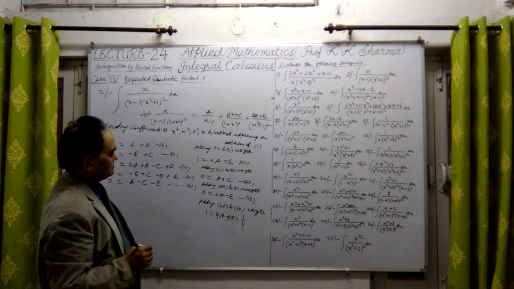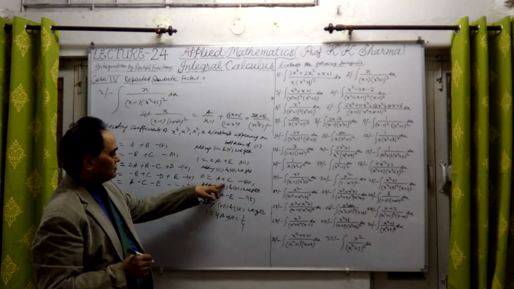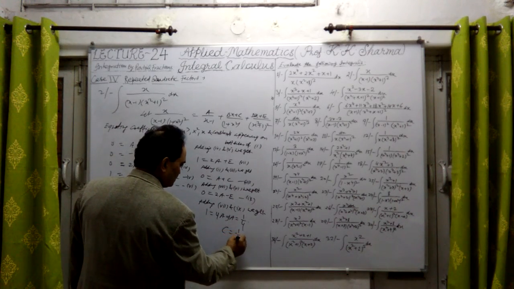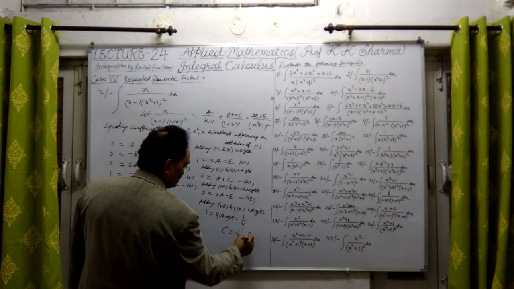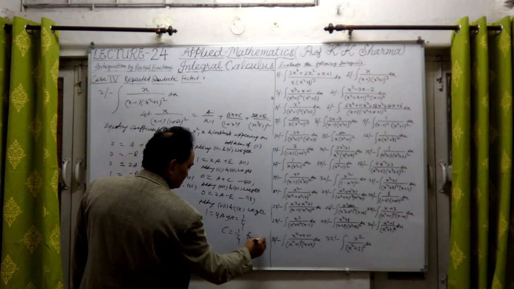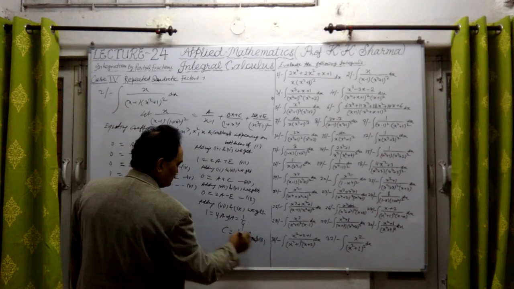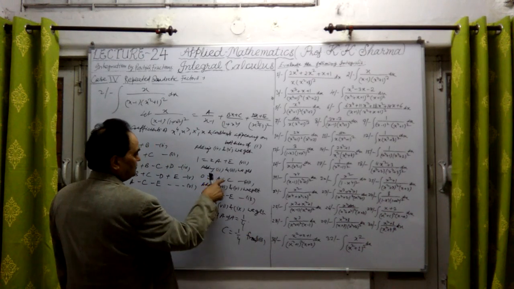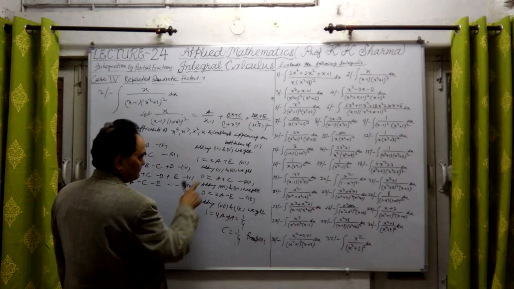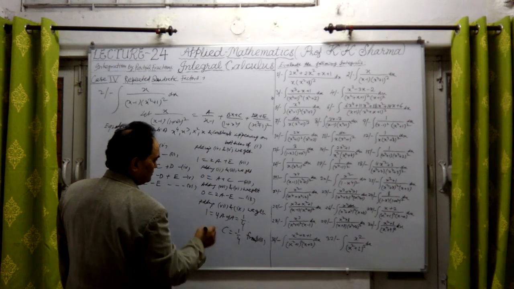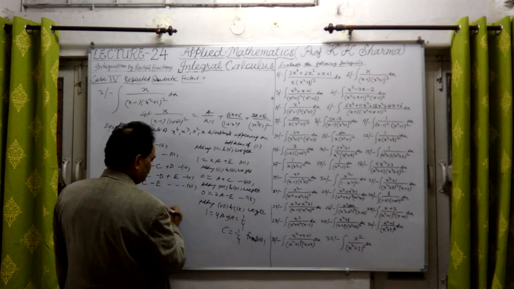A is obtained. Now C can be obtained. C equal to minus 1/4 from this, from the 8th one. Now C is obtained. Now E we can obtain here.